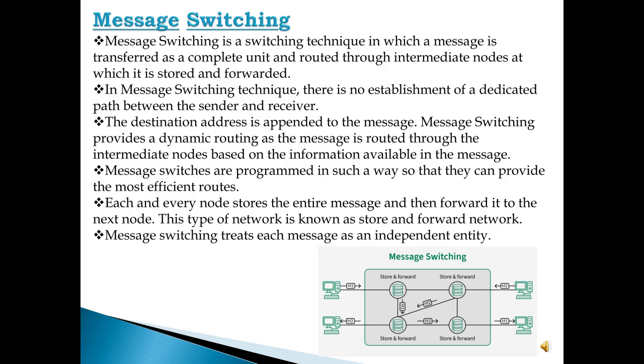So, for example, we have four machines M1, M2, M3, M4. In the top we can see M1, M2, and in the bottom we can see M1, M2. So when M1 in the top sends the data, it is received by the M1 in the bottom. When M2 sends the data in the top, it is received by M2 in the bottom.